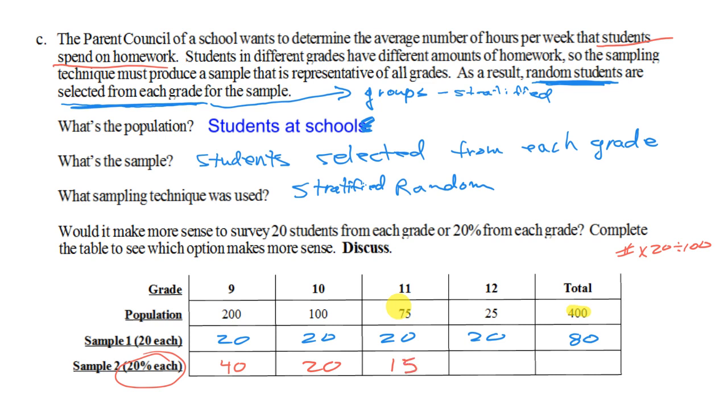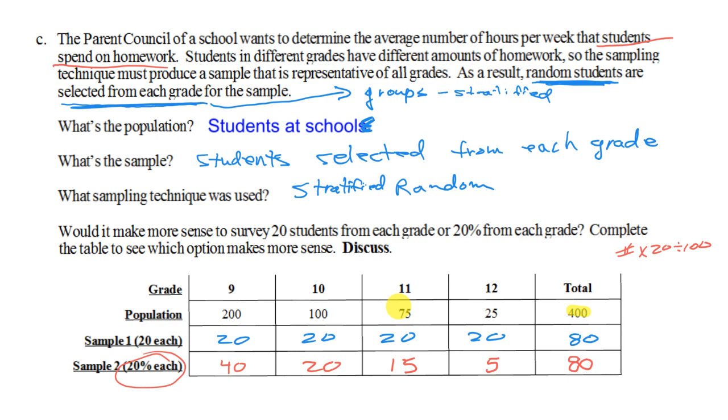When we take 20% of the 25 seniors, we end up with 5 seniors. So now let's add them all up. 40 plus 20 plus 15 plus 5 is still 80. But here is my question. Which option makes more sense?